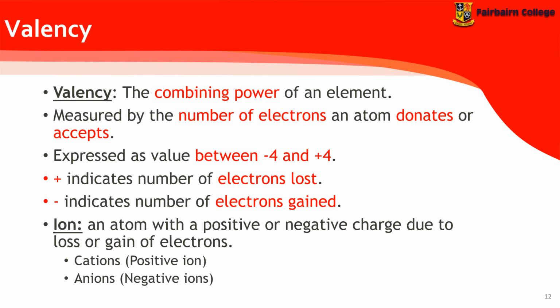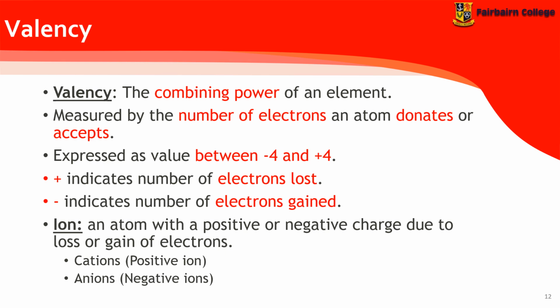So in the previous example, oxygen had a valency of -2 because it accepted 2 electrons from the 2 hydrogen atoms. And each hydrogen atom had a valency of +1 because it donated 1 electron to each oxygen atom.